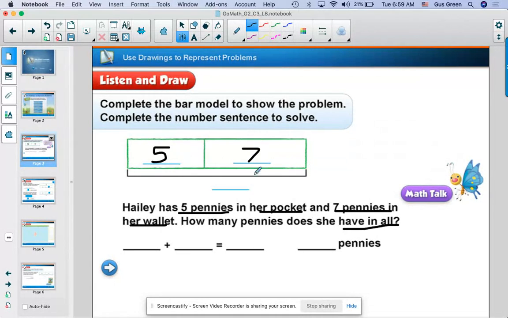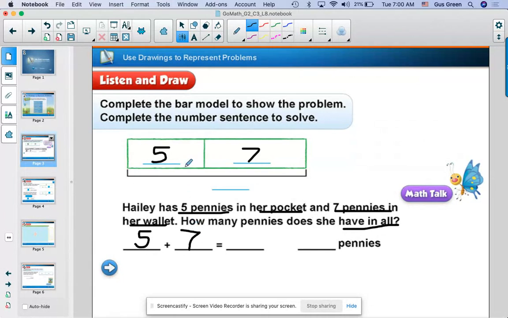So this problem is an addition problem because we're trying to find out how many she has all together. So 5 plus 7 equals what? And how many pennies does she have? Now I could solve this by doing a picture. I could solve this by counting up. Or I could solve this by using facts I know.